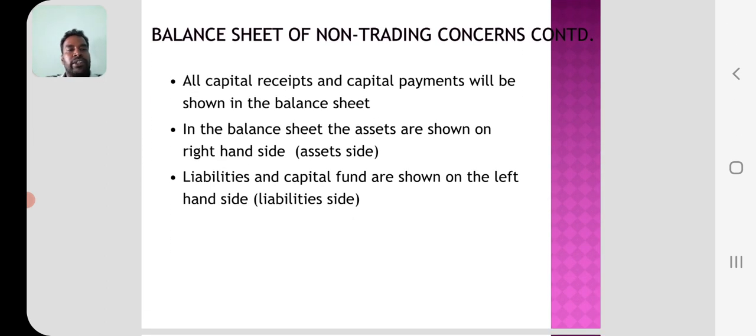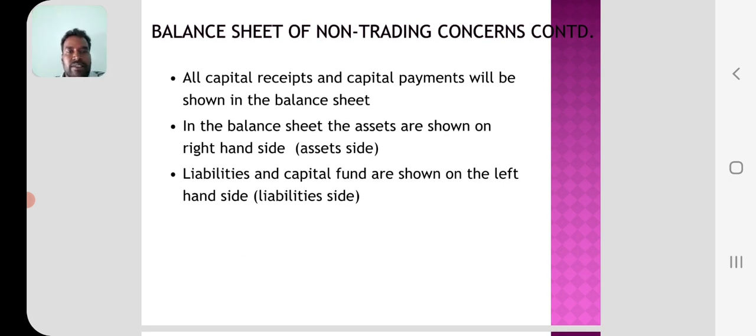In the balance sheet of non-trading concerns, all capital receipts and capital payments will be shown. From the earlier classes, we know that all revenue items should be recorded in the income and expenditure account, whereas capital items, whether a capital receipt or a capital payment, should be recorded in the balance sheet.